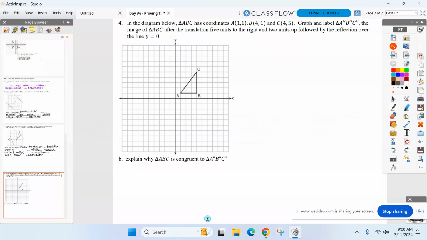So let's start with the first one. Translation, 5 units to the right and 2 units up. Go ahead and graph it. 5 units to the right and 2 units up, and we'll call that A prime, B prime, C prime, before we do the reflection.